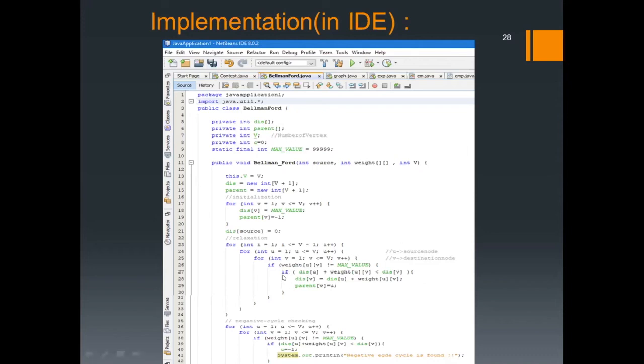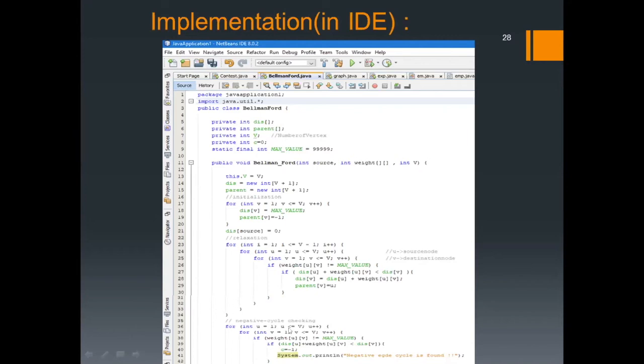And here we can see this if condition, and in this condition, if distance of v is greater than distance of u plus weight, then we will update distance of v and parent will be u.